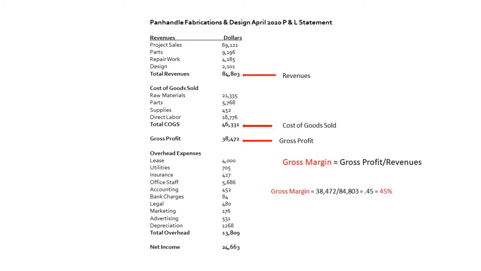And so we would say in this particular period of time, this business has generated a 45% gross margin. And we'll talk about this a little more in a few minutes.